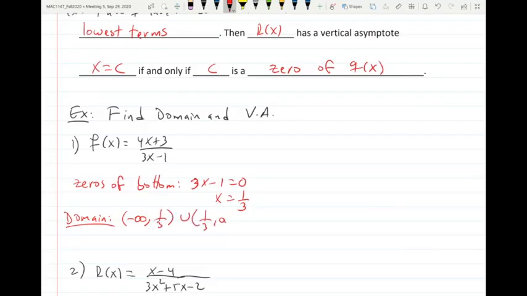And then the vertical asymptote, because this is already in lowest terms, is the line x equals 1 over 3. Using the theorem, our function is already in lowest terms. There is no common factor between top and bottom, so the vertical asymptote is just the line x equals 1 over 3.